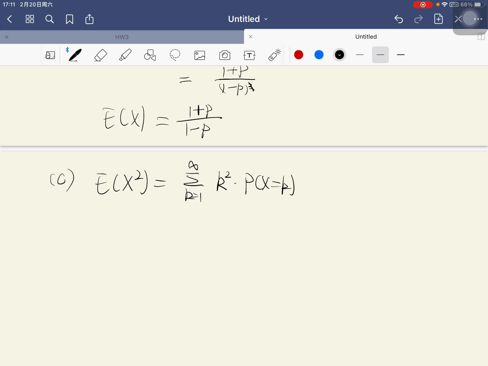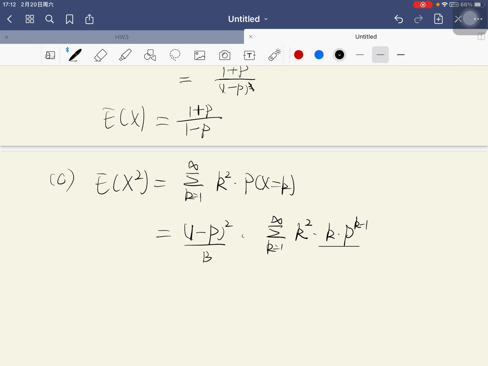So it's equal to (1-p) times the sum over k from 1 to infinity of k^2 times p^(k-1).